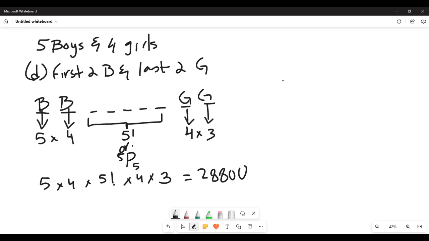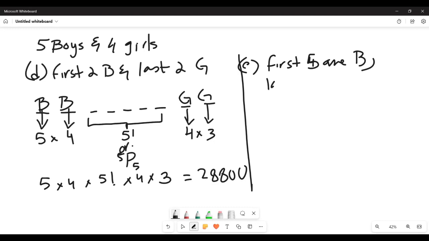Next is first 5 are boys, last 4 are girls. Sorry, first 5 are boys, last 4 are girls. So boys and girls.